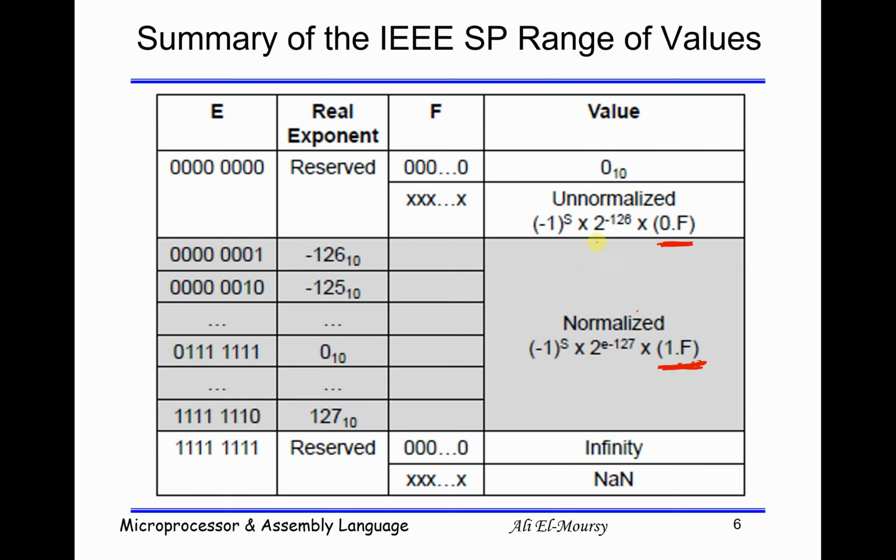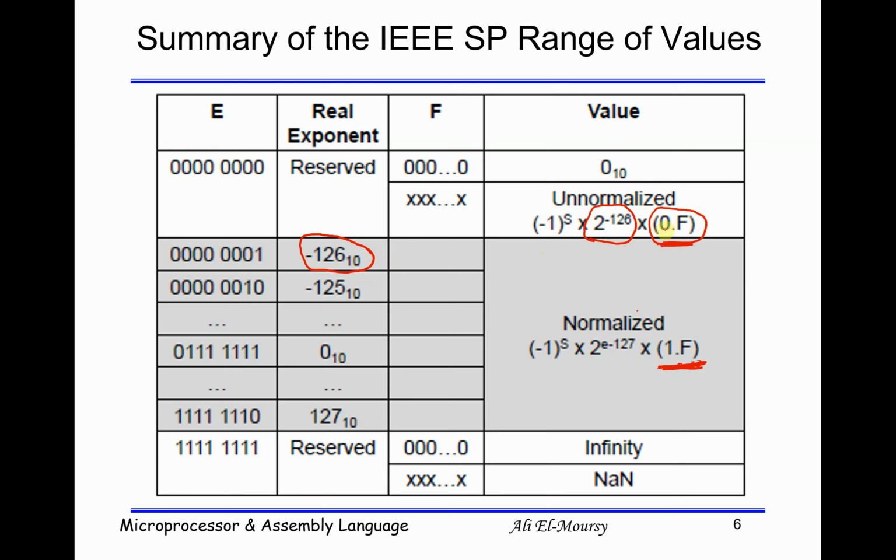The smallest fraction ever is when the exponent has the value minus 126, as we agreed. This is an agreement in the IEEE standard. So the exponent side will be 2 to the power minus 126. For the fractional mantissa, it's unnormalized, so there is no 1 added here, so the fraction as it is will be considered.